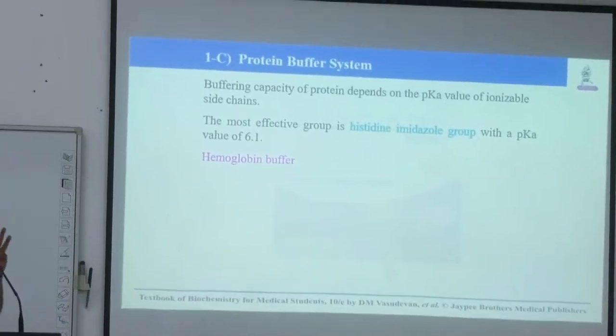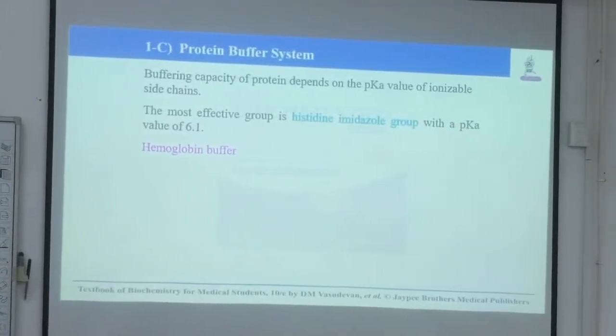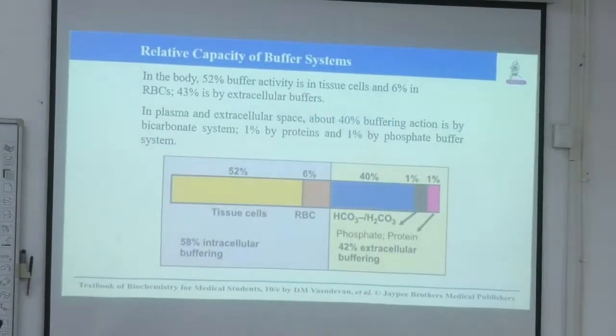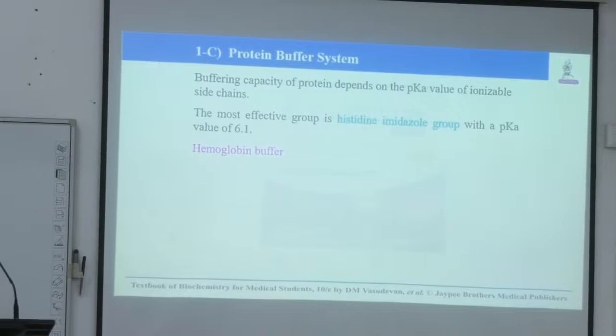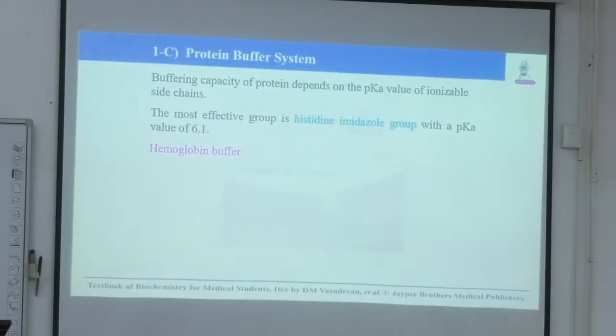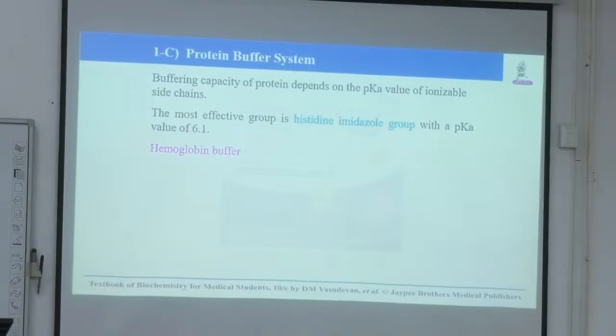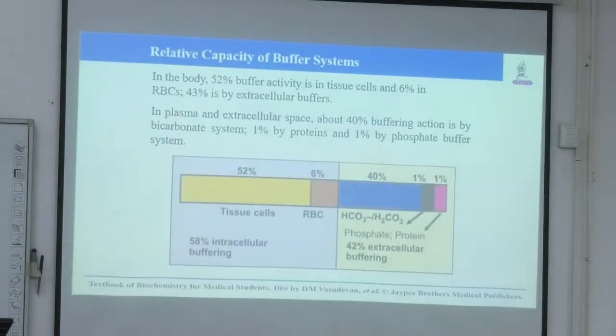So, now you know about the body buffers and you know about 2 buffers which are more important. In RBC, it is mostly hemoglobin buffer and it requires histidine because it contains histidine residue. The histidine has got pK around 6.1. So, it can act as a buffer.